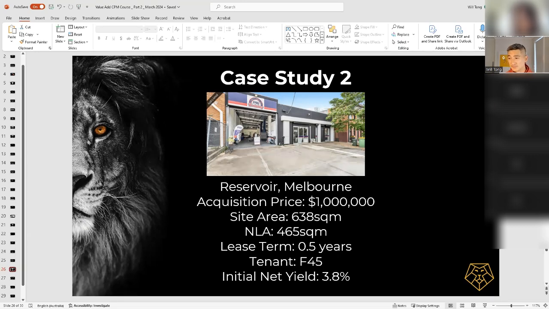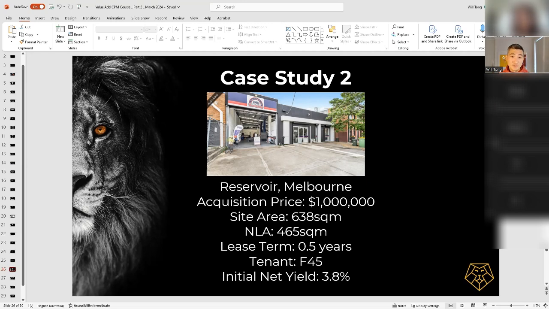Depends on what you want to do. If you want to grow your portfolio quickly, then yes, as soon as you've increased the value of the property, refinance, get your capital back, and then go again. Or if you just want to flip the property, then you might as well just flip it, or you might say, I just want to pay down the debt. Completely up to you.